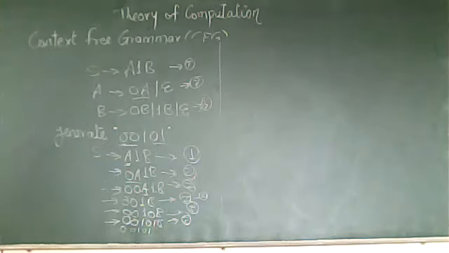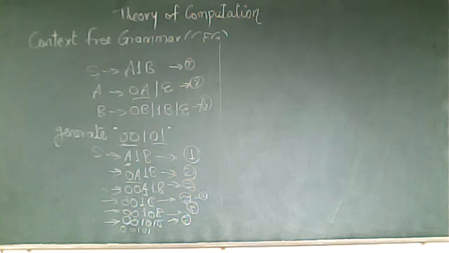Now, what do we mean by right sentential form? Suppose we take another string and try to understand what exactly this right sentential form is. Right sentential form means we take the rightmost symbol.